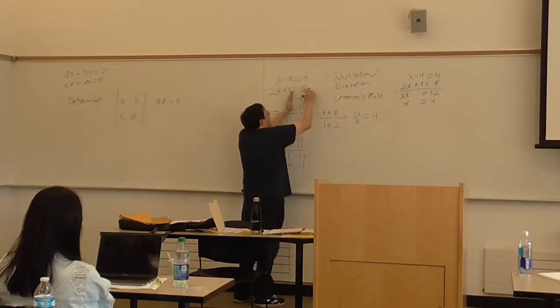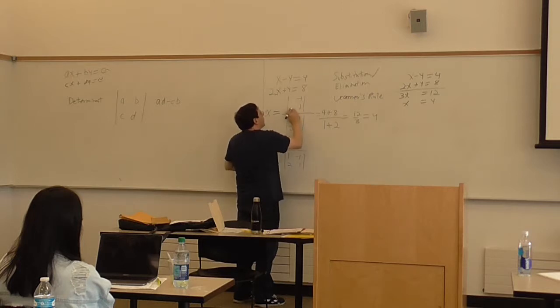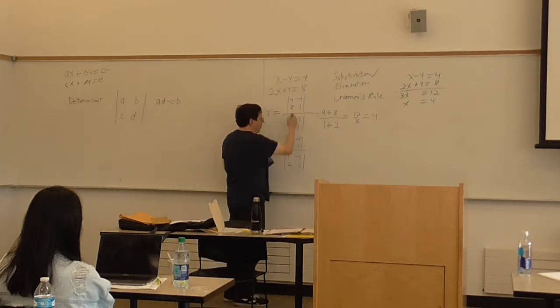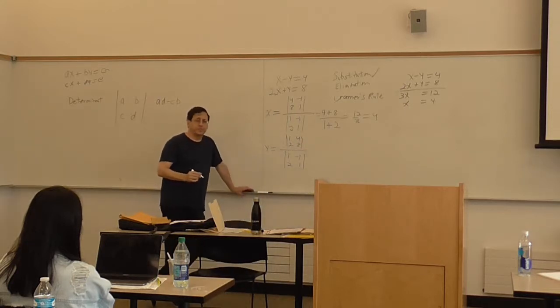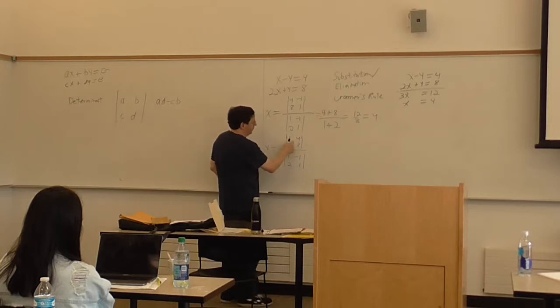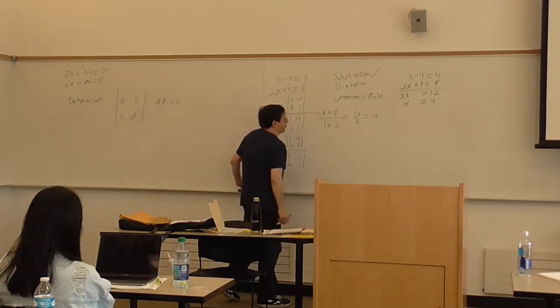And I substitute these 2 numbers, 4 and 8. For the y, I look where the y's are, and I put those same numbers in here. Okay, 8 minus 8 is 0, so y is just 0 again.